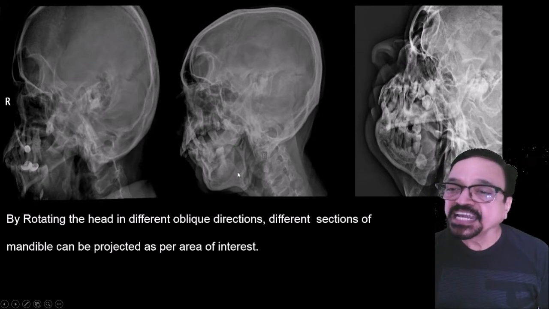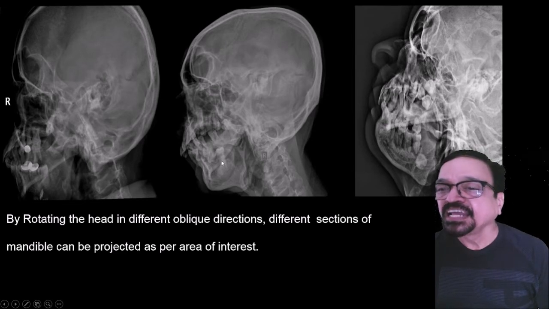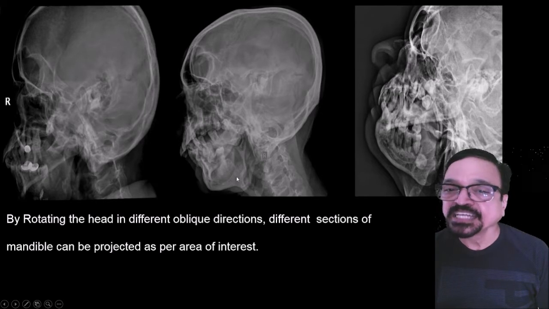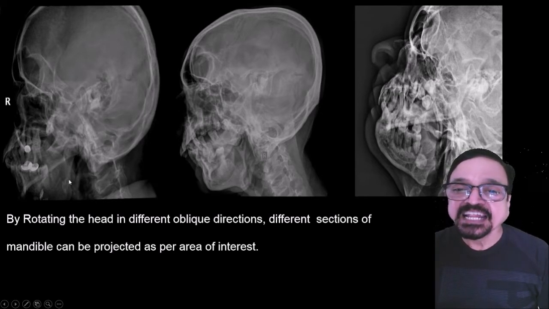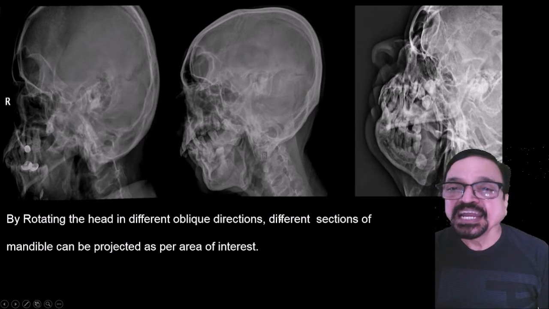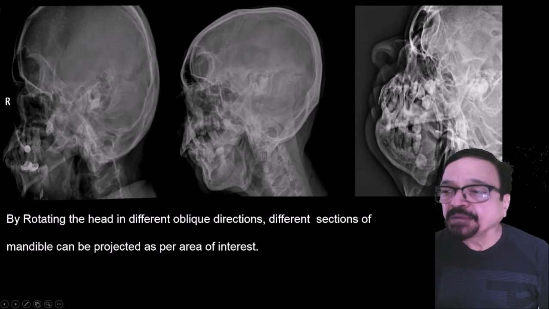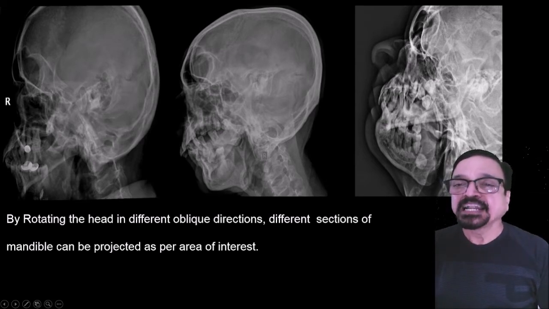Here we are seeing further more angle, because of which even the molar region will get obscured, and only the angle of mandible and vertical ramus will be seen. And this is the last projection, which gives you the mastoid of the side closer to the film. If you give more angulation, the mandible will get distorted. So to obtain a proper lateral oblique projection, the position of the patient is very, very important.